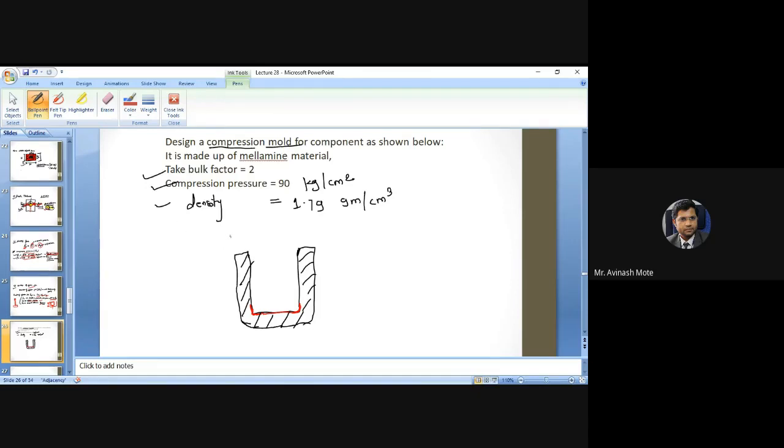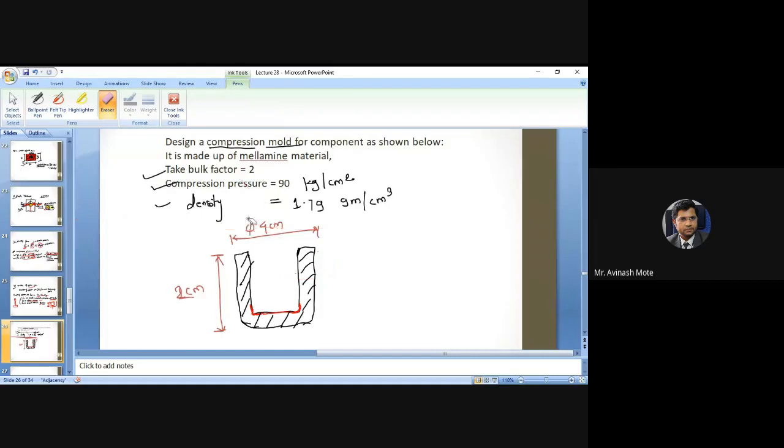So this complete diameter is 4 centimeter. This entire height is 2 centimeter, and this thickness is also 4 millimeter.